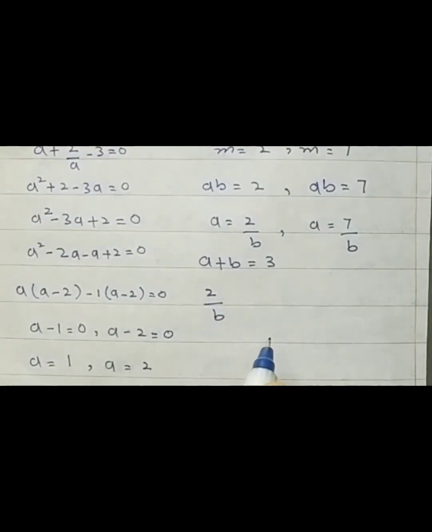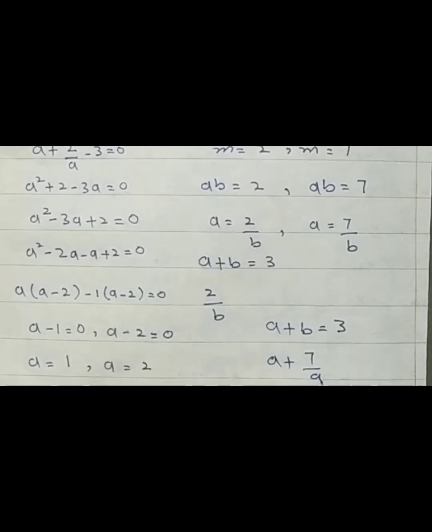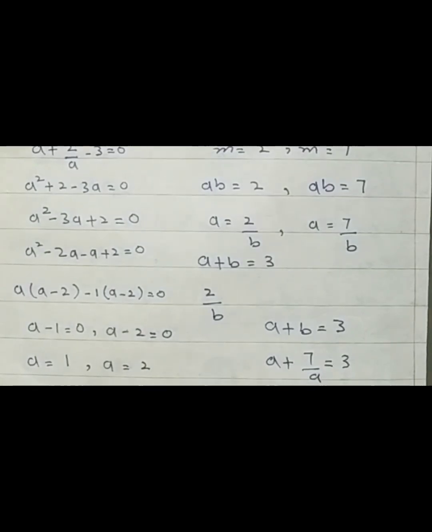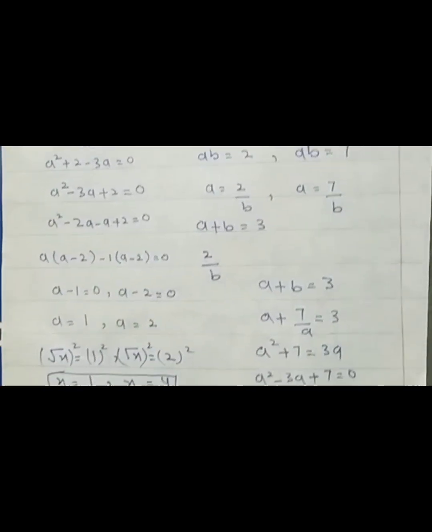Once again, taking our equation a + b is equal to 3, and substituting the value of b in our equation, a plus 7 over a is equal to 3. So once again, multiplying the equation by a, we get a^2 + 7 = 3a, or a^2 - 3a + 7 = 0.